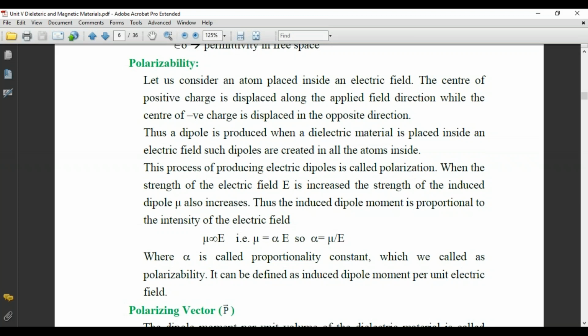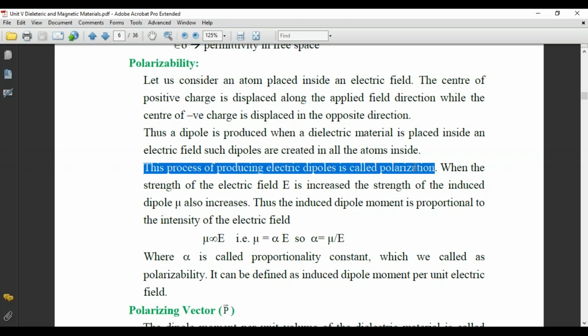The center of positive charge is displaced along the applied field direction, while the center of negative charge is displaced in the opposite direction. So whenever a dielectric material is placed in the presence of an electric field, a separation between the positive charge and negative charge takes place. That causes a polarization in the dielectric materials. The process of producing electric dipoles is called polarization.